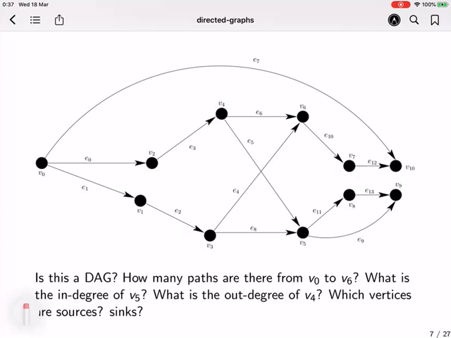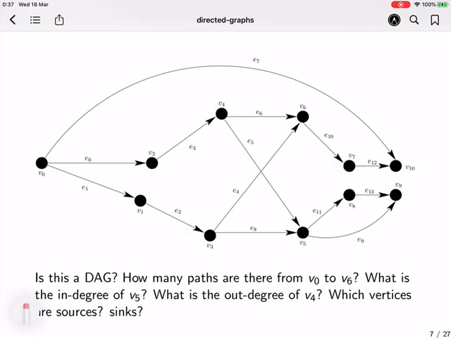Okay, let's look at this directed graph and ask ourselves, does this graph have a vertex which is a source? So, for example, V3, is it a source? It's not a source because there is an edge which enters V3. This is E2.